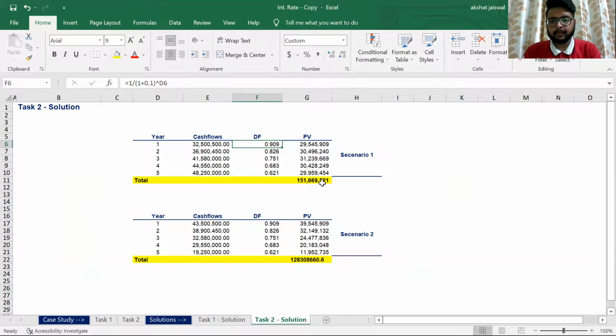And you have calculated your present value using cash flow into discount factor, and you have done the sum of all the PV, that is present value, for both scenario 1 and scenario 2.